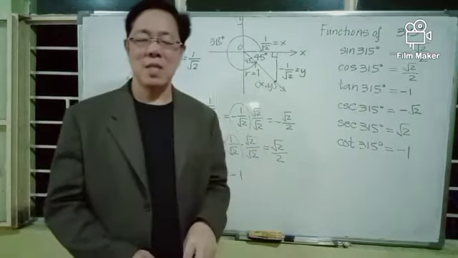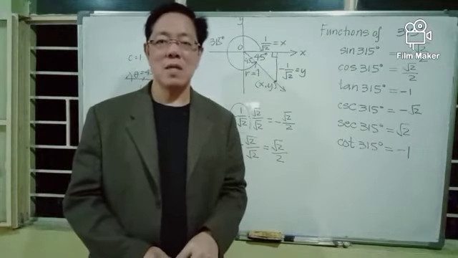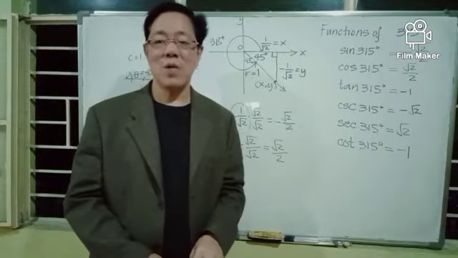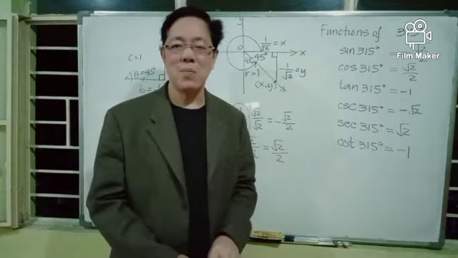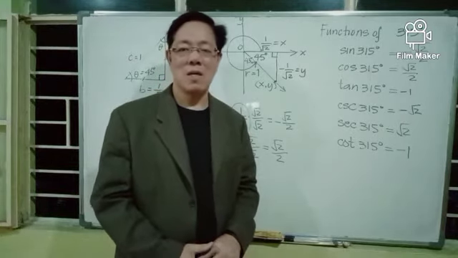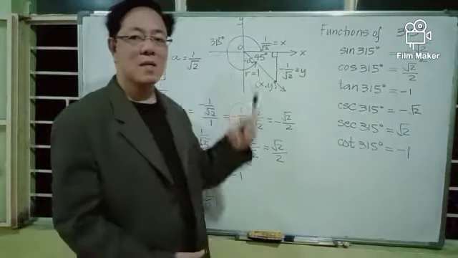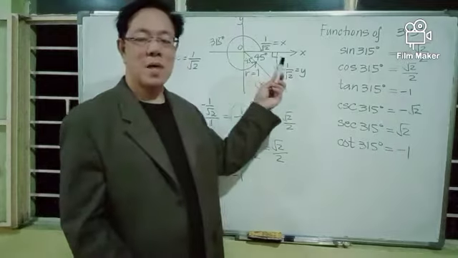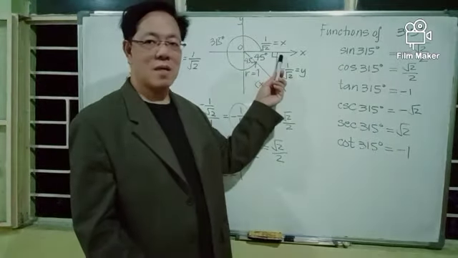Like 315 degrees, we divide by 45 degrees and we obtain 7, which means that there are 7 45-degree angles in 315 degrees. And the use of that 7 is for us to construct the given angle 315 degrees in standard position with vertex at the origin and initial side on the positive x-axis.